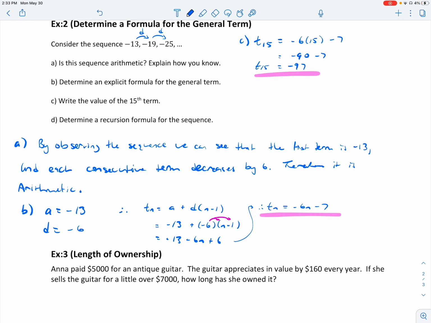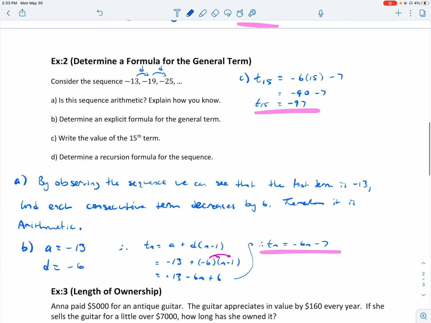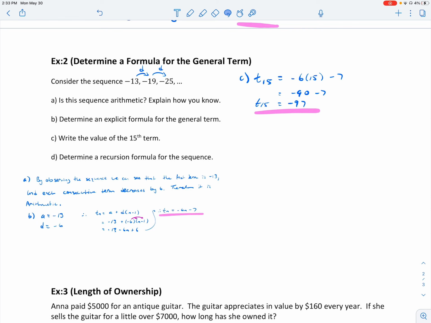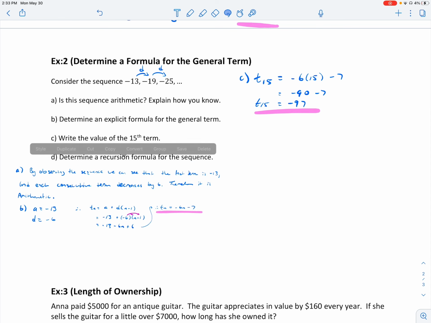Okay, and then last part, part D. So I'm going to try to give myself a little bit more space here. Part D wants the recursion formula. It says determine a recursion formula for the sequence. So remember, recursion formulas have the form of an nth term equal to the previous term plus something or minus something.